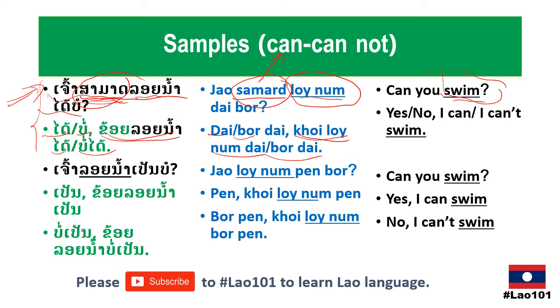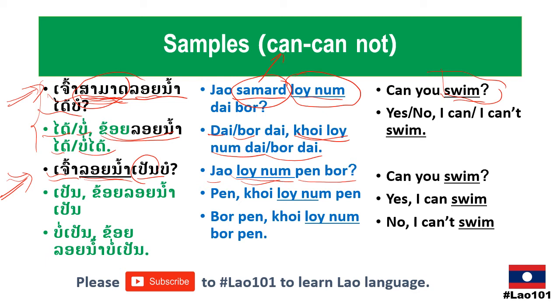It's not that we don't use it at all, but in this kind of context we would rather use this one, for example เจ้าลอยน้ำเป็นบ่. เป็น is actually the verb to be, so it means ability to do something. เจ้าวิ่งเป็นบ่, can you run? เจ้าปีนเขาเป็นบ่, can you climb a mountain? So to ask somebody if they can or cannot, we usually use เจ้าลอยน้ำเป็นบ่.